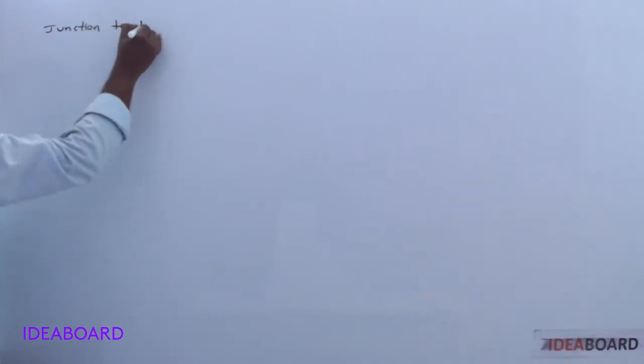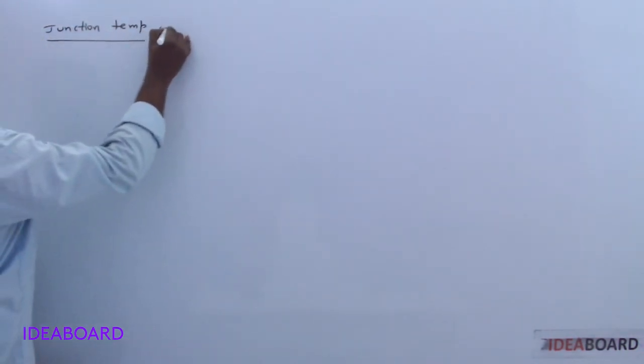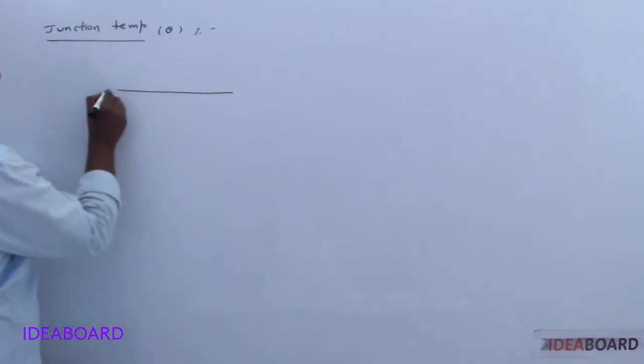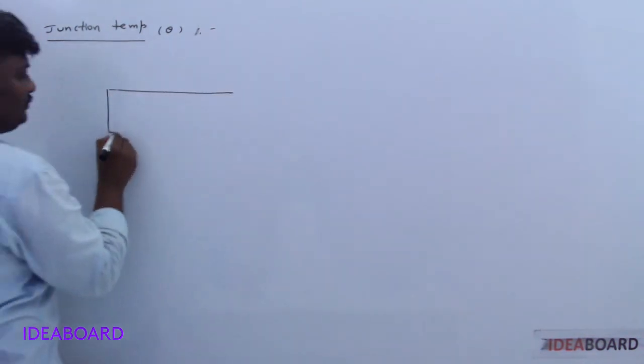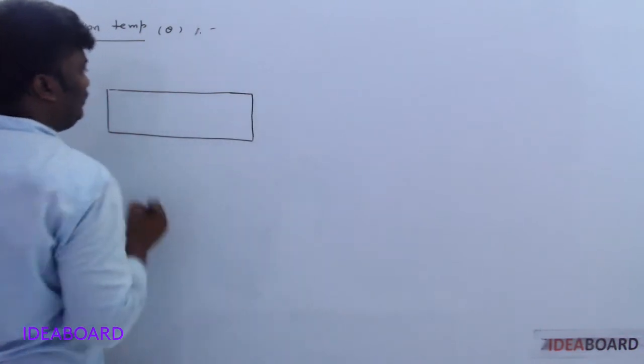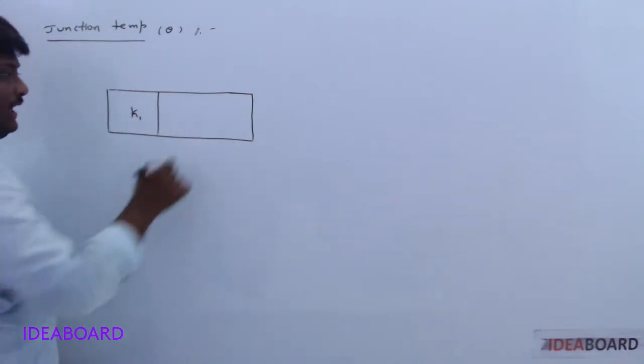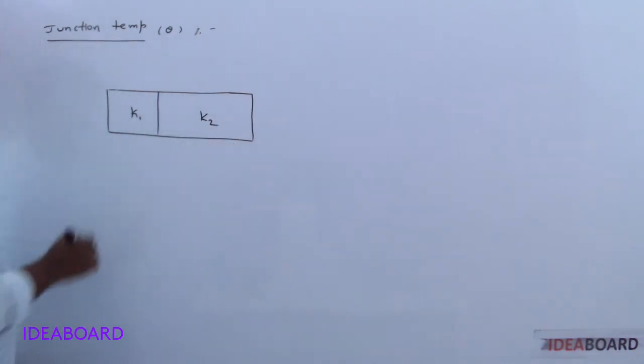In most competitive examinations, they ask a question called junction temperature. What is junction temperature? Let us see. They consider two rods. One rod is made with coefficient of thermal conductivity K1, another rod has K2.